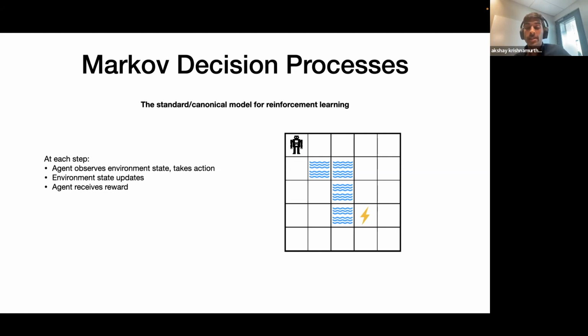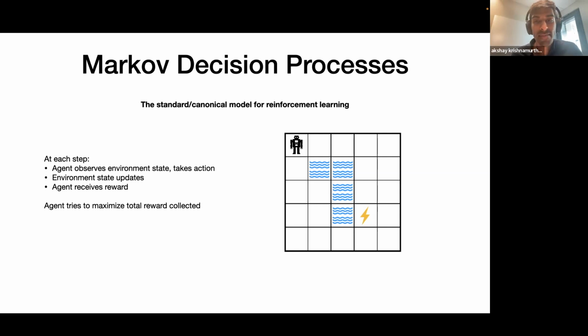If the agent is in the top left corner and says go east, maybe the environment will move the agent one position to the right. And maybe the reward will just be that the agent gets some reward if it makes it to the charging station and doesn't get reward otherwise. The goal of the agent is to try to maximize the reward collected. So this is the high level protocol.